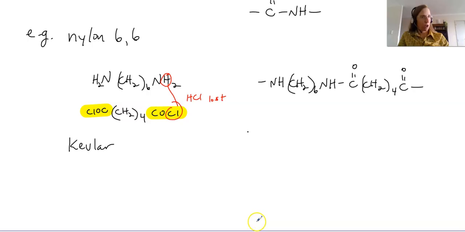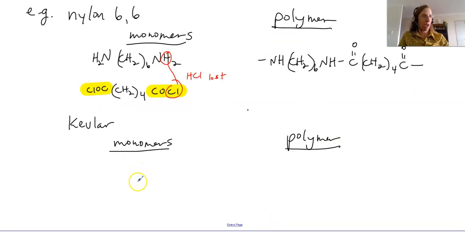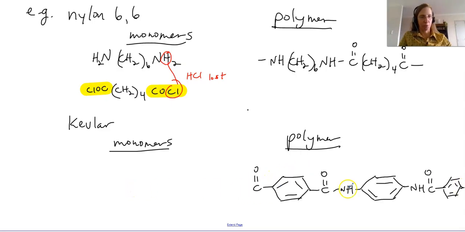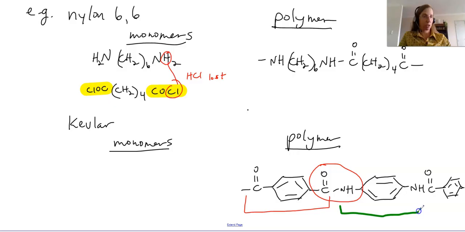I'll do this one the opposite way. I'll show you the polymer first and hopefully show you how you would get to the monomers if the question gives you the polymer. Okay, here is a section of the polymer. So what you need to look for is that linking group and then the two parts of that. From one part of the functional group, acid or acid chloride to acid, and then the other part nitrogen to nitrogen.